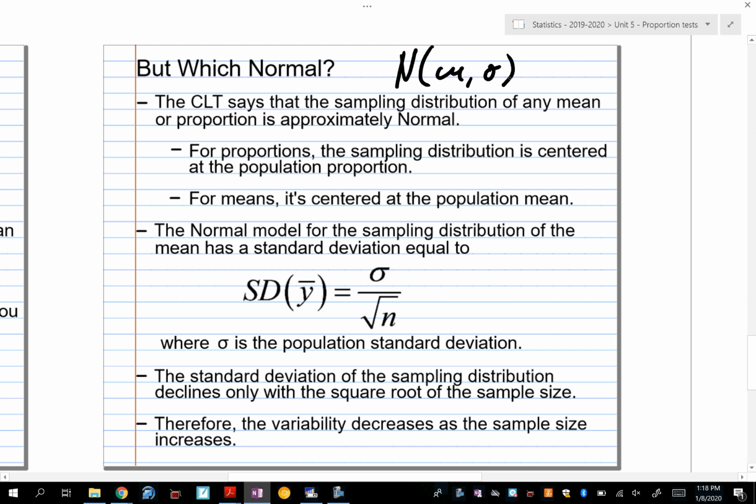But you'll notice we're not going to use just sigma. We're going to take sigma, our population standard deviation, and divide it by the square root of the sample size. So that formula we used yesterday, remember the square root of pq over n? That's not happening here because these are not proportions. So this is the formula we're going to use for the standard deviation for our model.